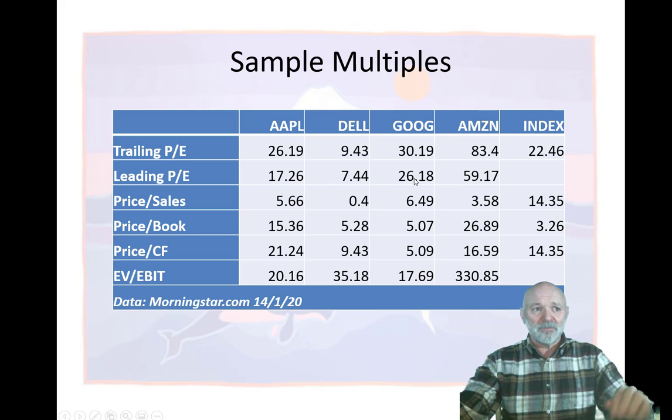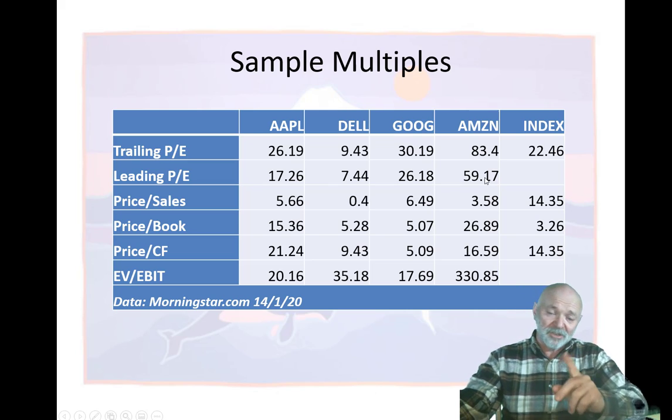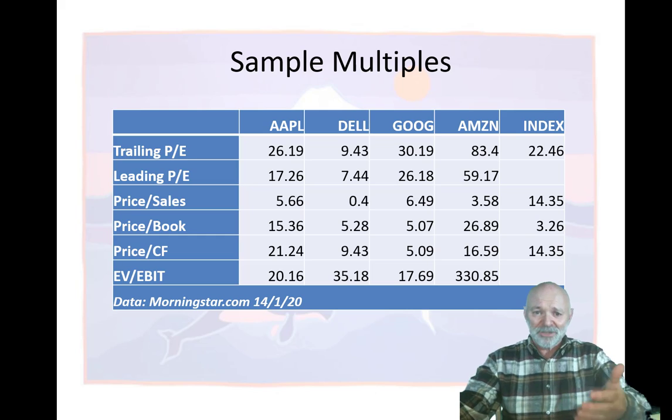Same thing for Dell, same thing for Google, and especially true for Amazon, because the earnings per share were expected to rise. And you know, even though the share price has risen above what it was on the day that we saw this price by about 170%, their earnings per share have risen even faster. And that's something that you'll see in the teaching note.